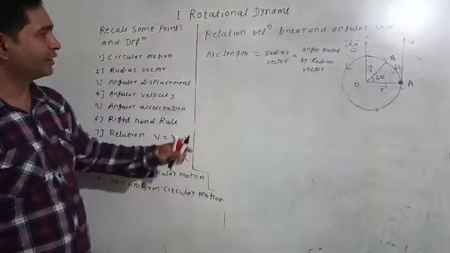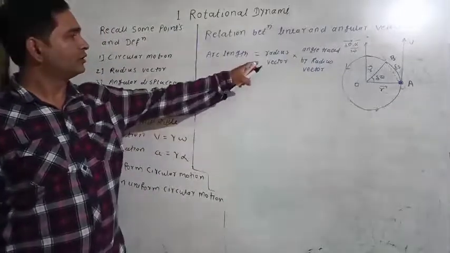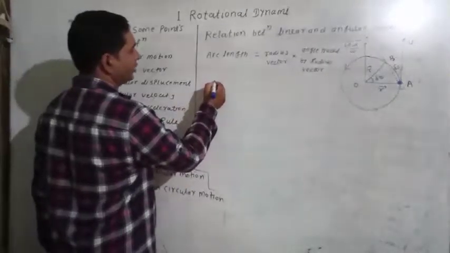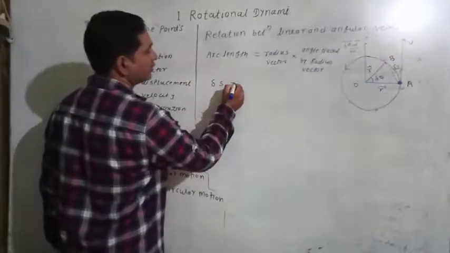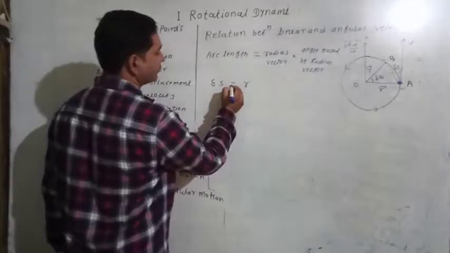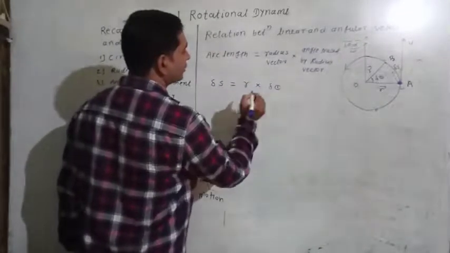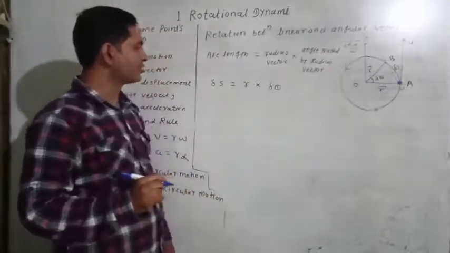So this is the equation for angular displacement: arc length is del S, radius vector is R, into del theta.